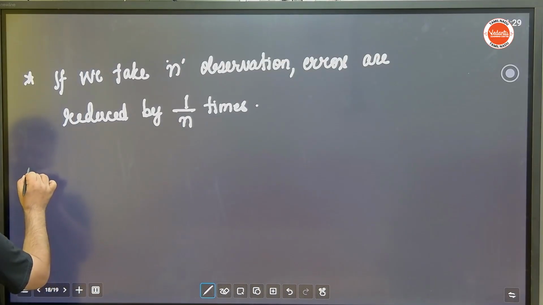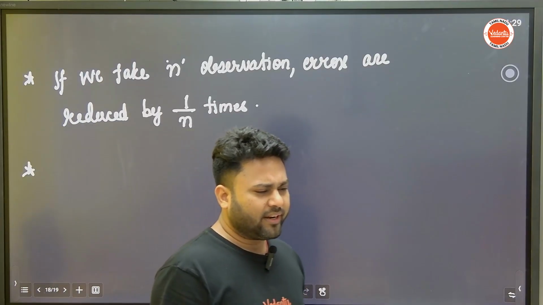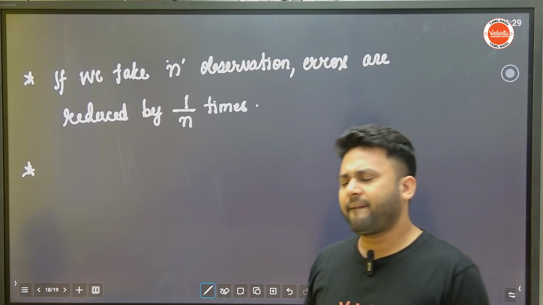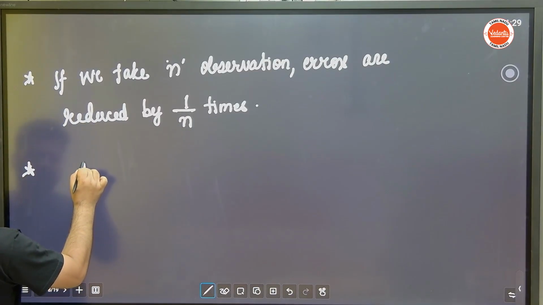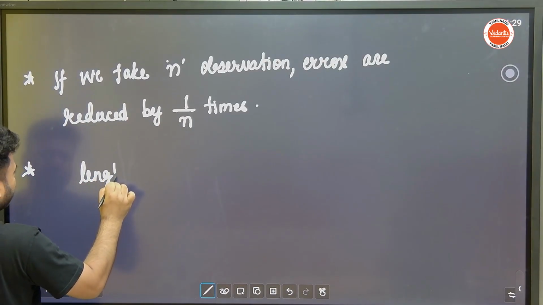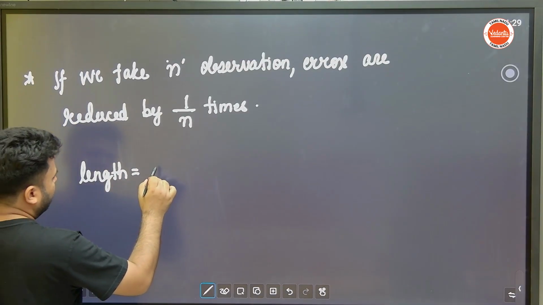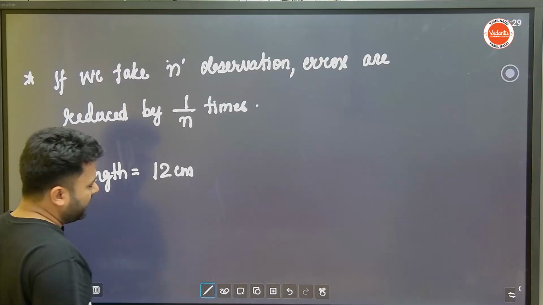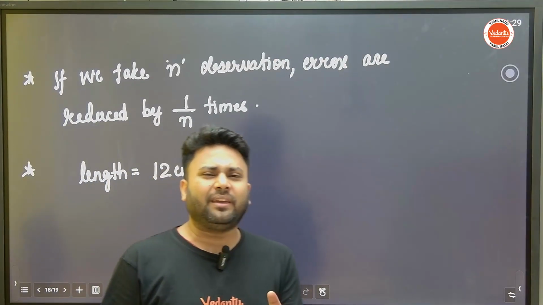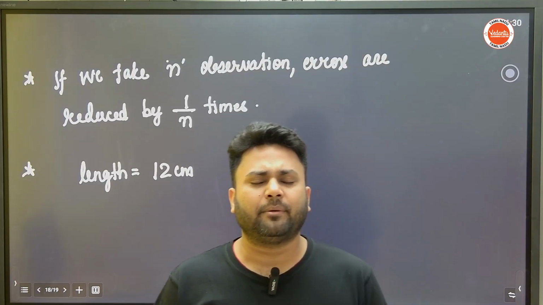Now see, suppose you asked me, sir, what is the length of this pen? I will say the length of the pen is 12 centimeter, and since I know there can be error, I told you error can be created by many factors.